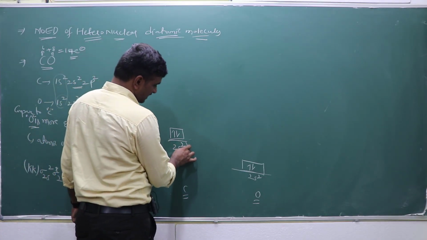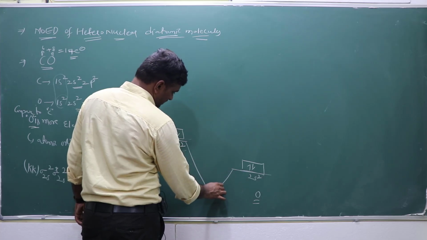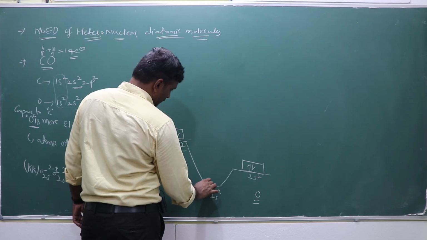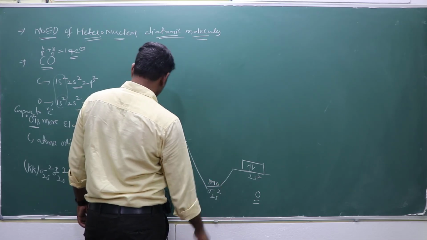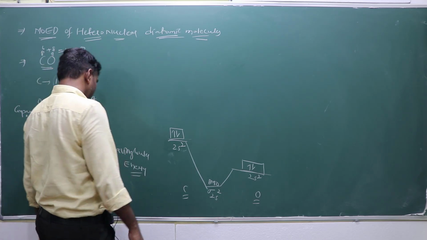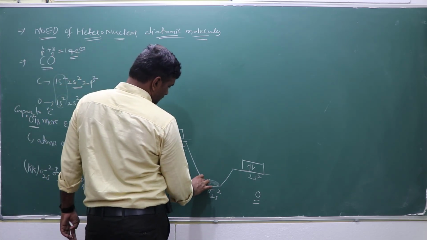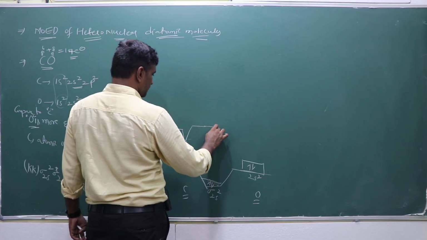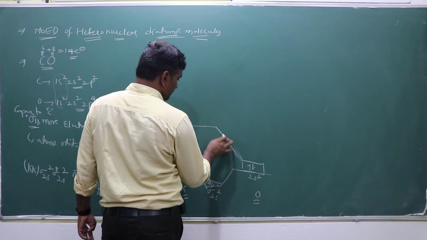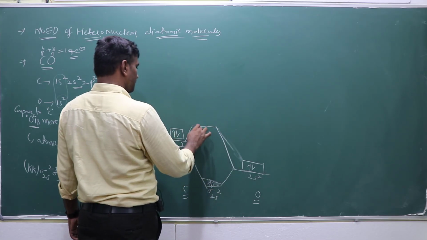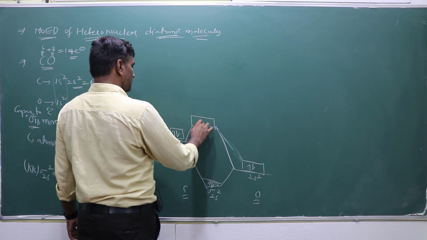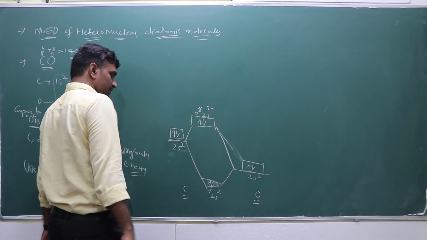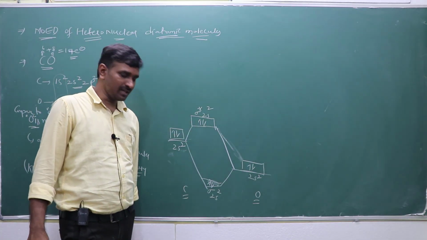Now here it is this energy level, and if this takes place, sigma 2s2, this is bonding, sigma 2s2. So how many electrons? 2 electrons, and these two are going to form the sigma star 2s2, sigma 2s2 and sigma star 2s2.